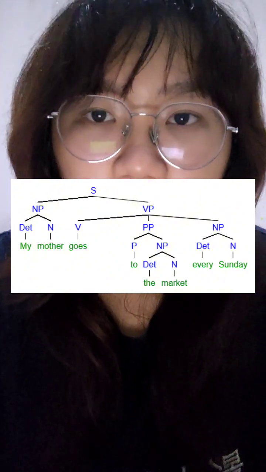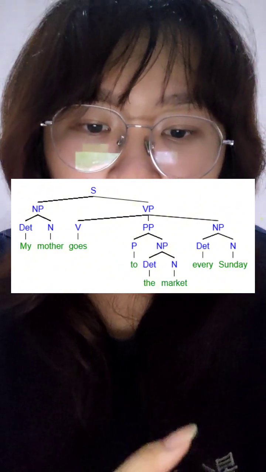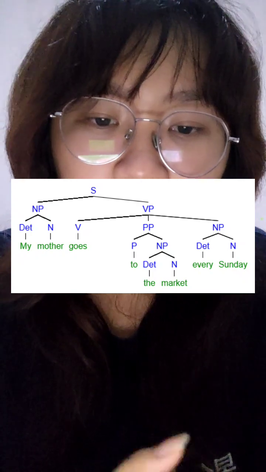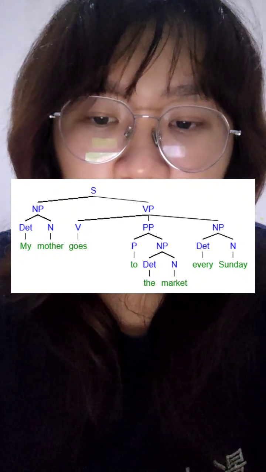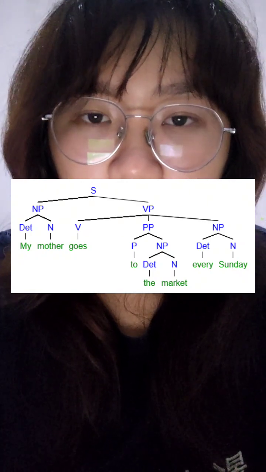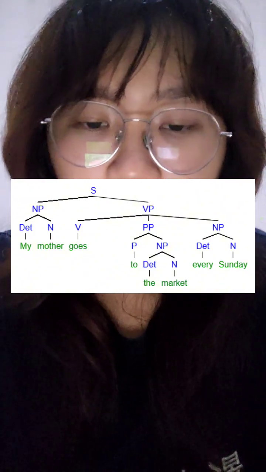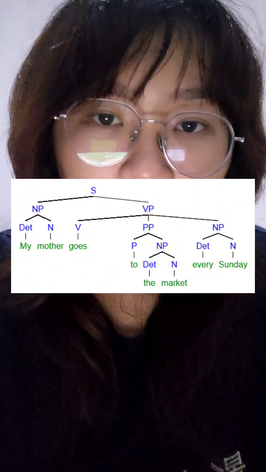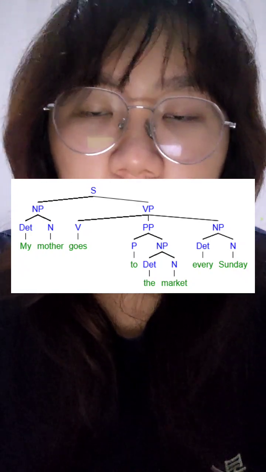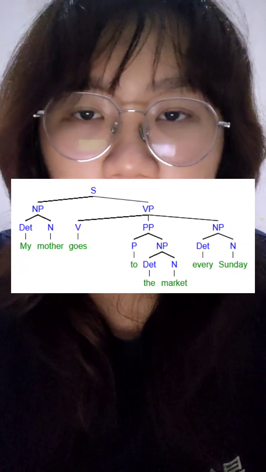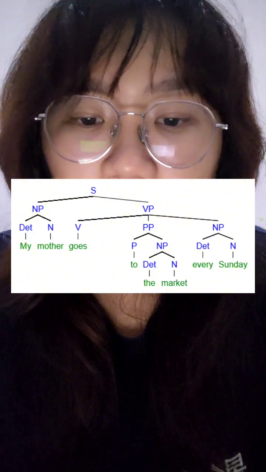Now, as you can see in the picture, the verb phrase here has the most constituents. So goes here is obviously the verb of the sentence, goes. And then to the market, remember, to is a preposition, so that's why to the market is the prepositional phrase.